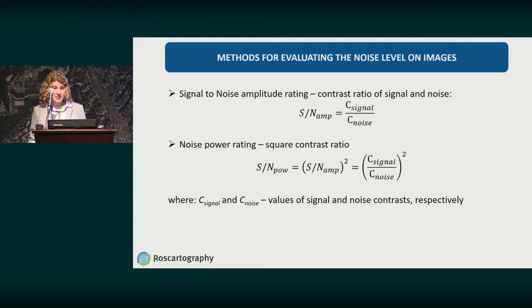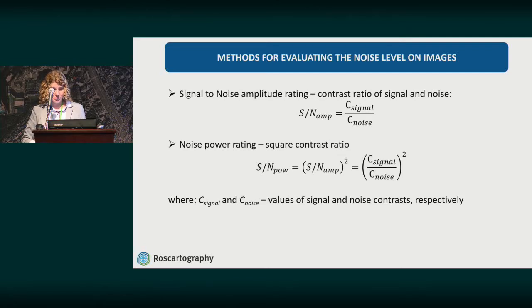The problem of noise on digital images is subject of numerous publications and scientific papers of predominantly international experts, not domestic ones. And there are several approaches as to how it can be estimated. You can see the formulas here.